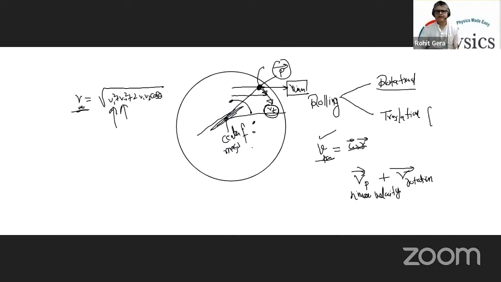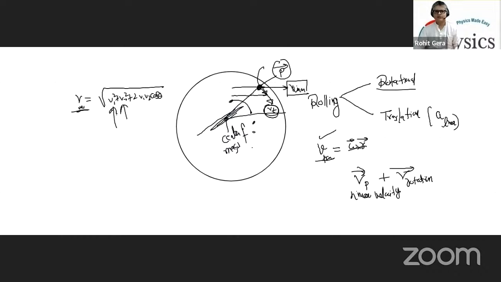So you get an acceleration which is linear, and then because you're now rotating it very fast, your angular speed is increasing by the second, and therefore you also get an alpha, which is your angular acceleration. So angular acceleration can be converted into linear acceleration using the formula R alpha.